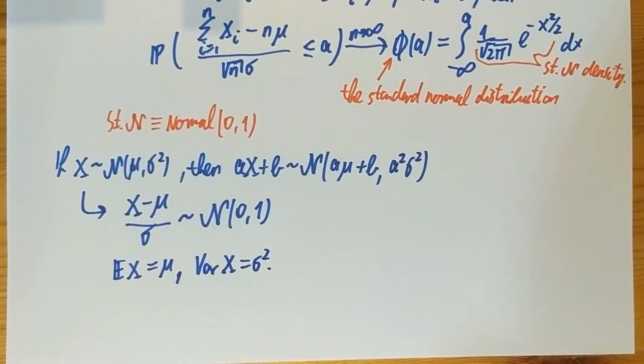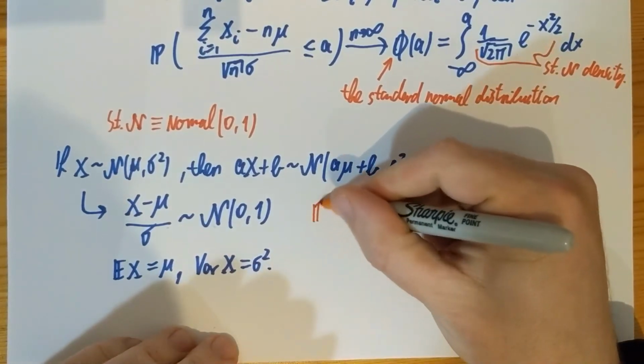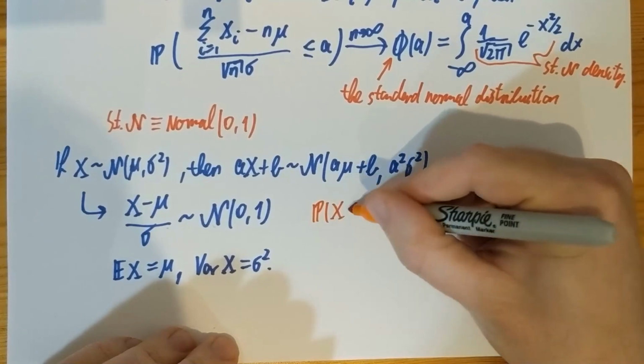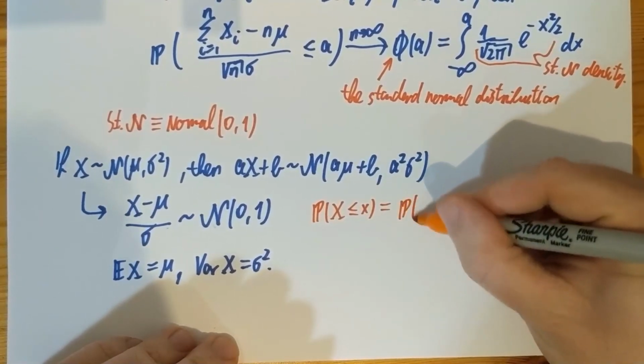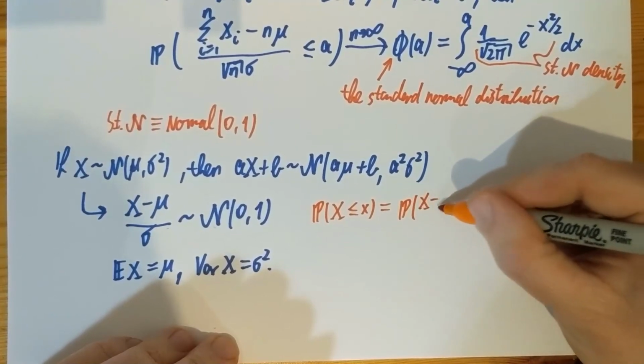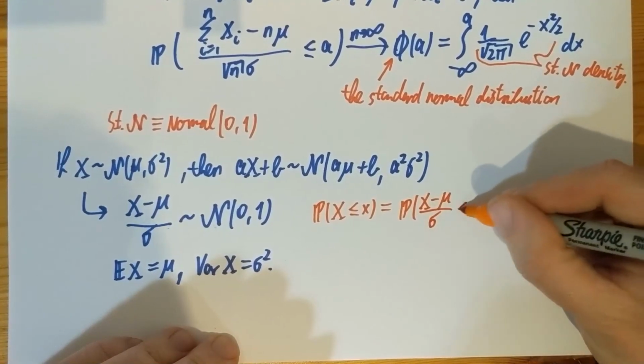Okay, so these are the main properties of normals, and this transformation property is very nice because now if you want to find out about the probability that x is smaller than or equal to little x, then what you can do is write this combination of x.